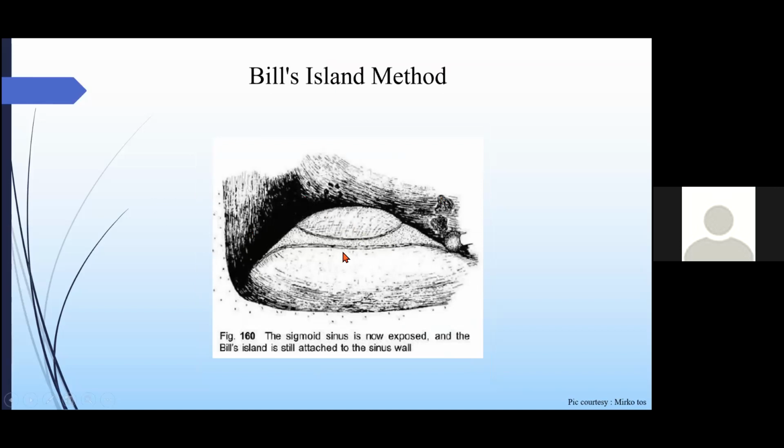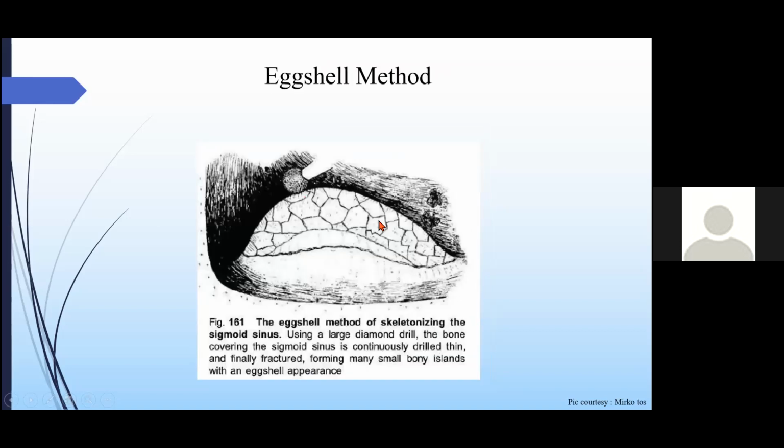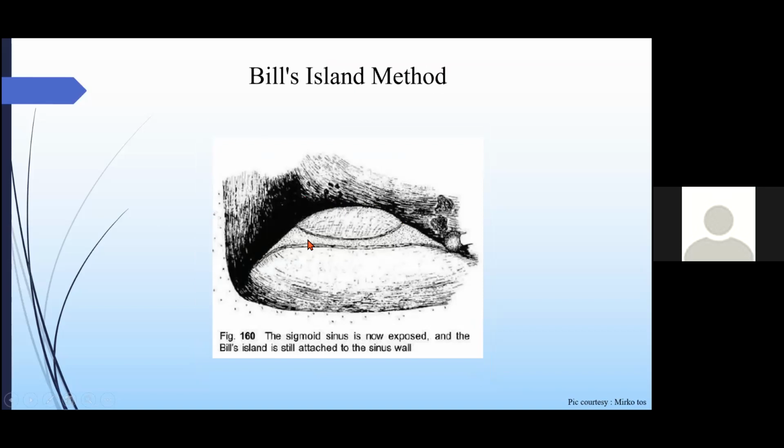So the sigmoid sinus is not in the way of performing any lateral skull base surgery or any endolymphatic sac surgery, or in the case of a medial attic cholesteatoma extending medially to the sigmoid plate.